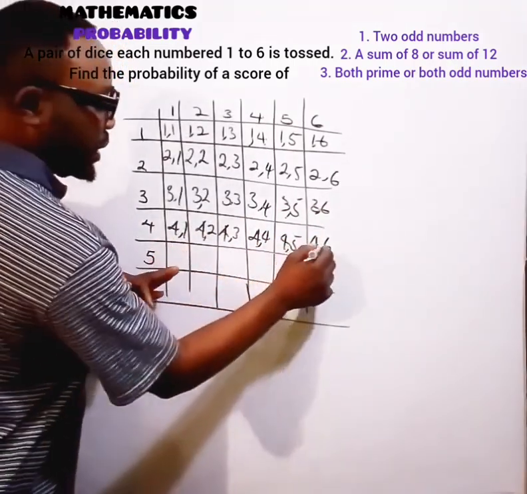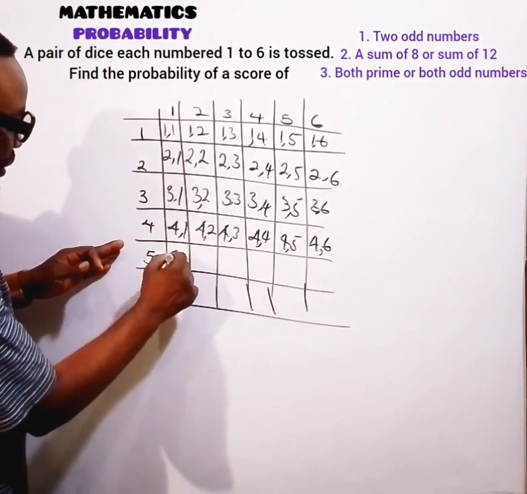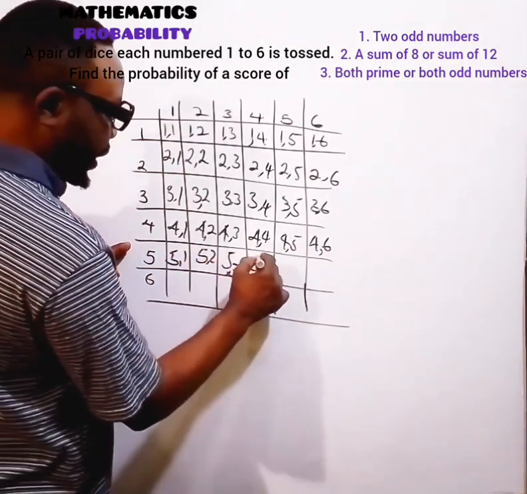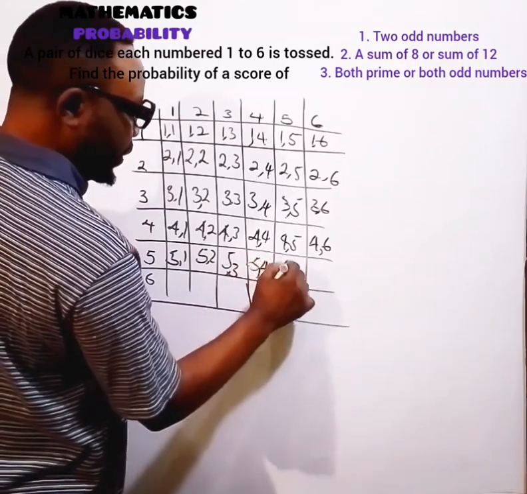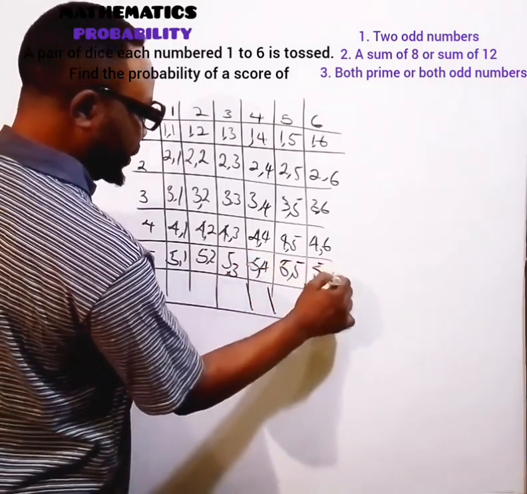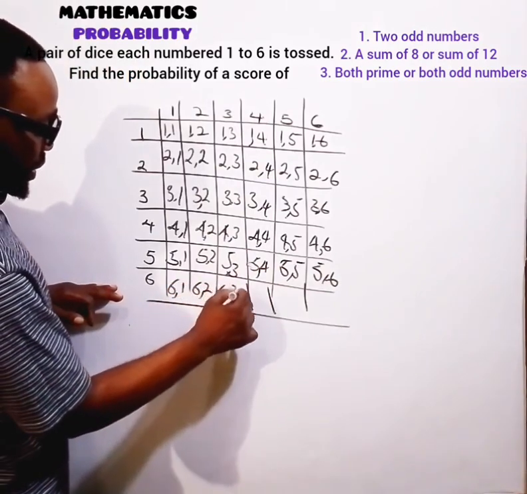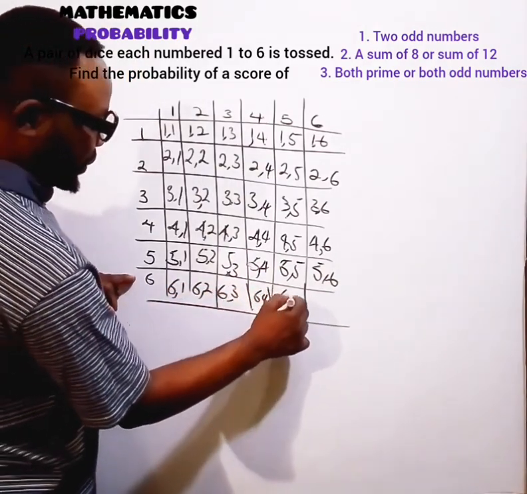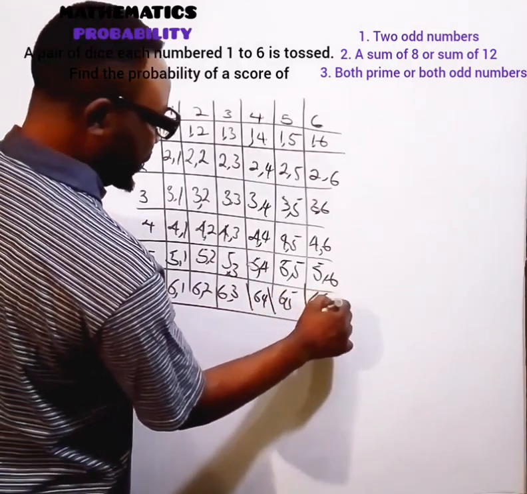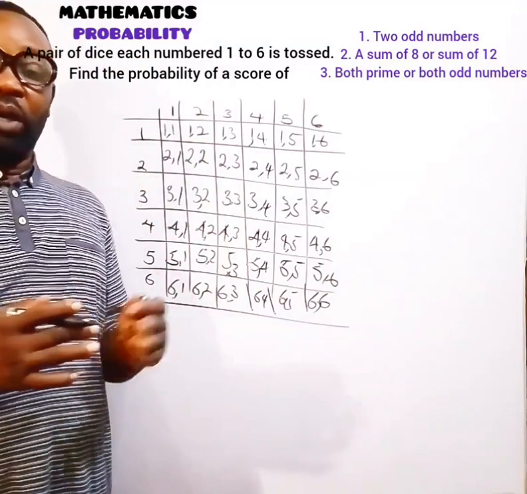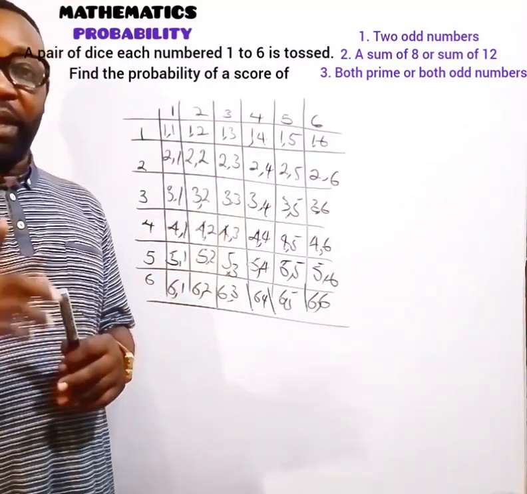Those are the outcomes: 5 1, 5 2, 5 3, 5 4, 5 5, 5 6. 6 1, 6 2, 6 3, 6 4, 6 5, 6 6. That is the outcome that we are going to have when we toss a pair of dice.